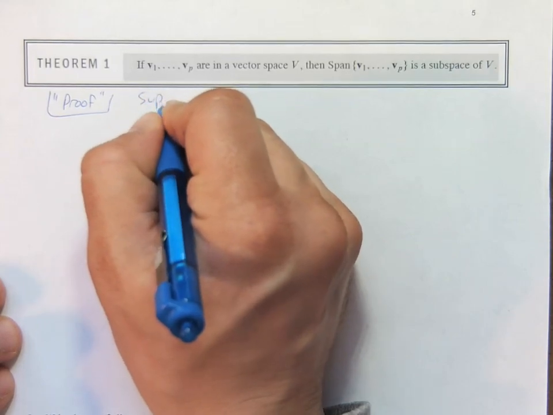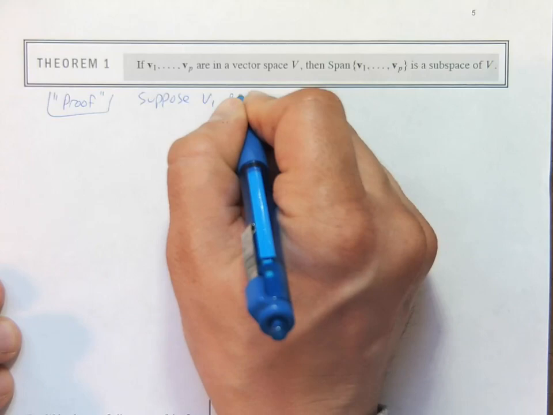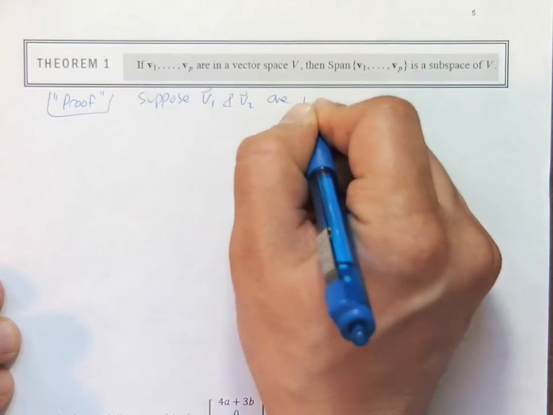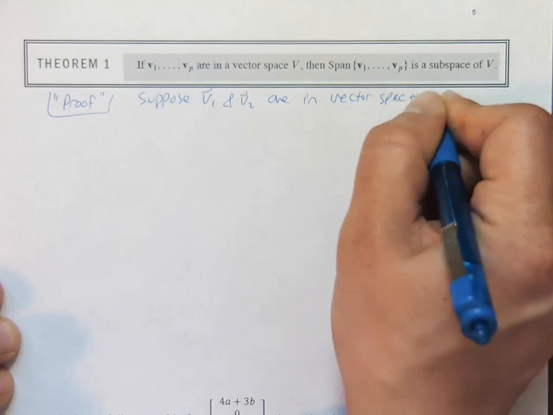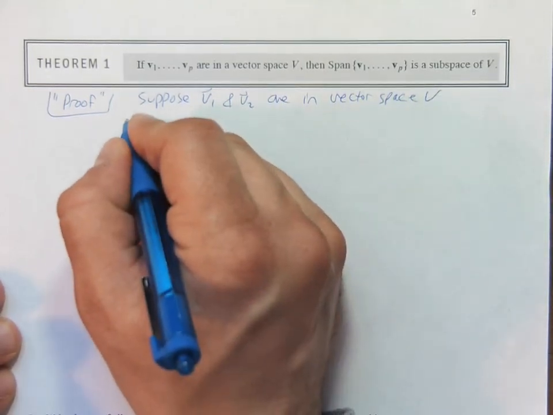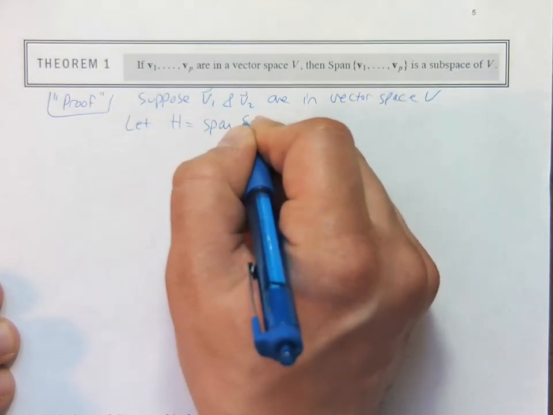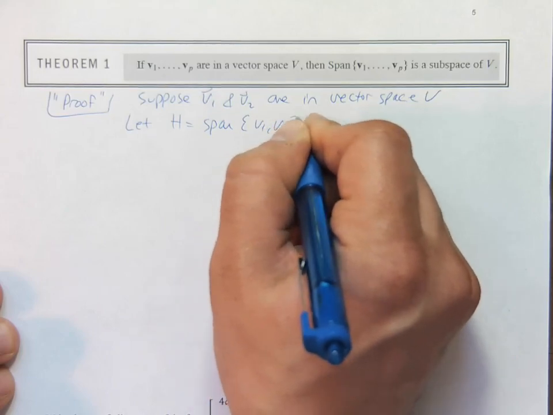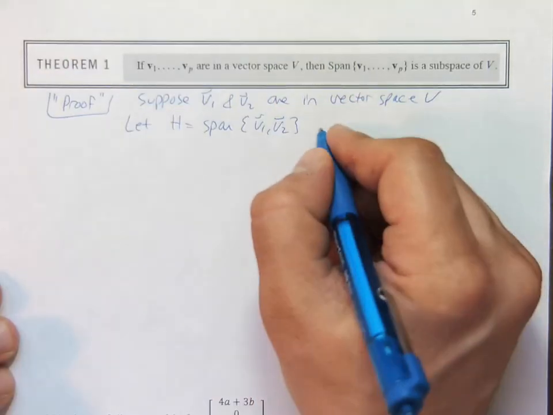And so let's suppose that v1 and v2 are in our vector space V. And let's let our subspace be the span of those two things. Well, we know the span of elements are linear combinations.